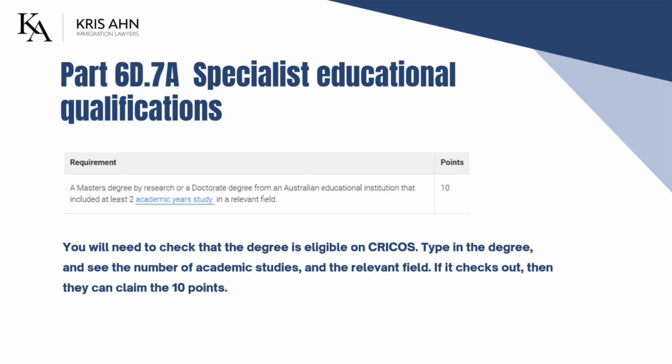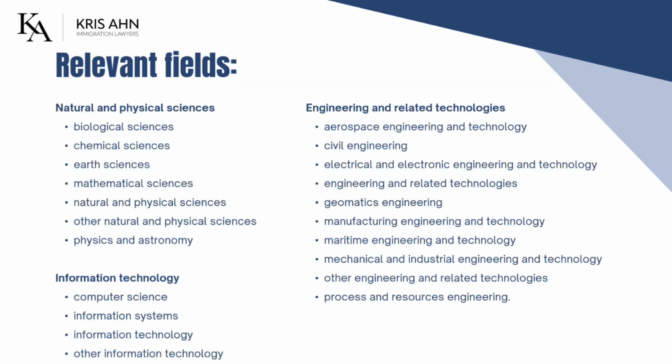So if you have a master's degree by research, or a doctorate degree from an Australian educational institution that includes at least 2 years of academic study in a relevant field, then you could get an extra 10 points. So quite clearly, Australia is trying to get these really highly skilled and highly knowledgeable people in areas such as these. So you can see that is what direction Australia is trying to head into.